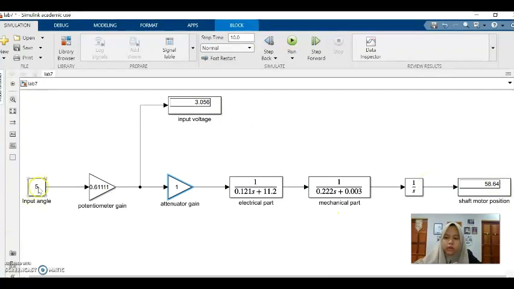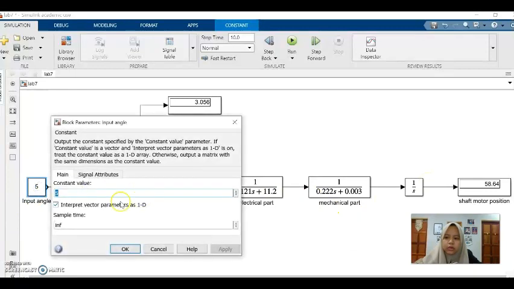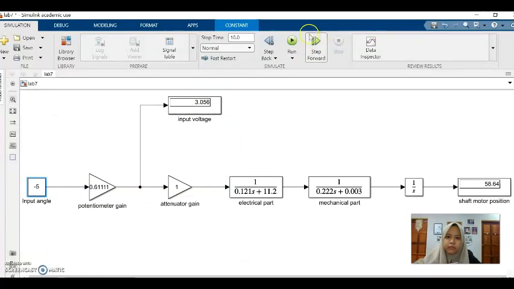Then when it comes to anti-clockwise, -5. Then we run. So the input voltage and shaft motor position values become negative.